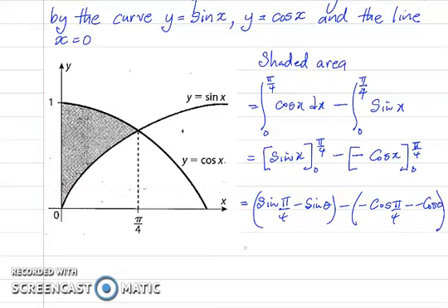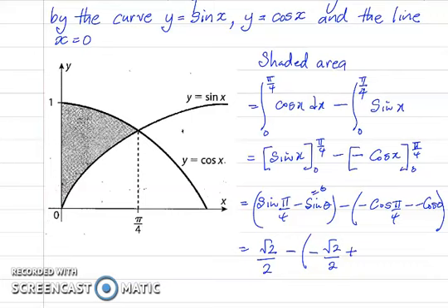All right. Now the sine of 0 should have been 0, not pi. The sine of 0 is 0. So this is the sine of pi by 4, which is root 2 over 2, minus the cosine of pi by 4, which is also root 2 over 2. A negative times a negative is a positive.